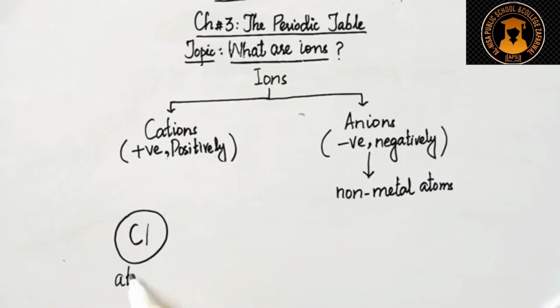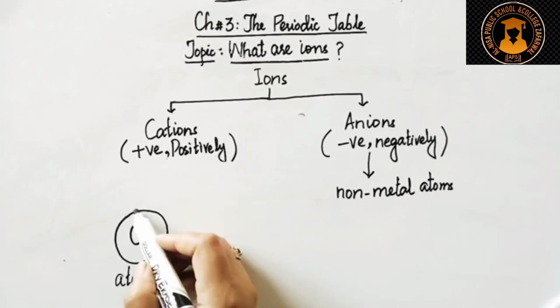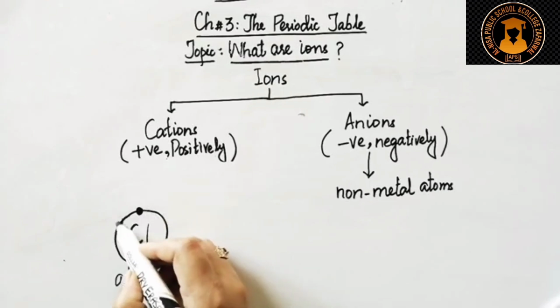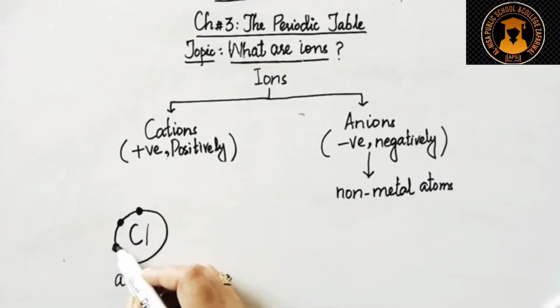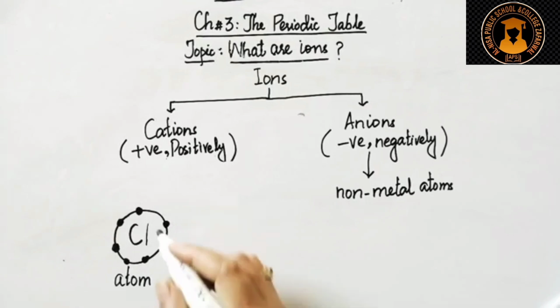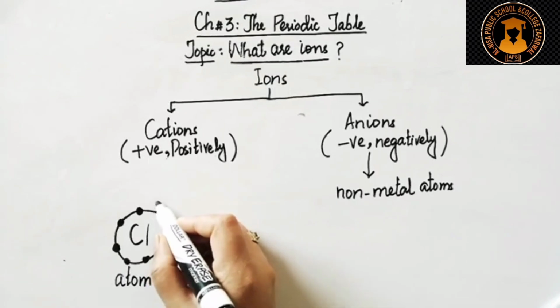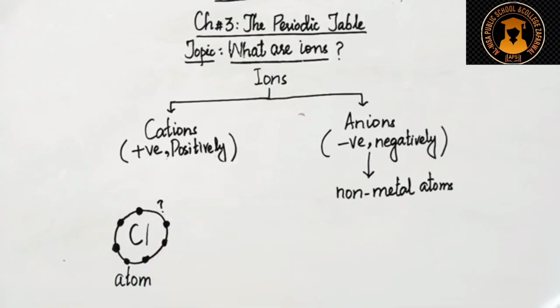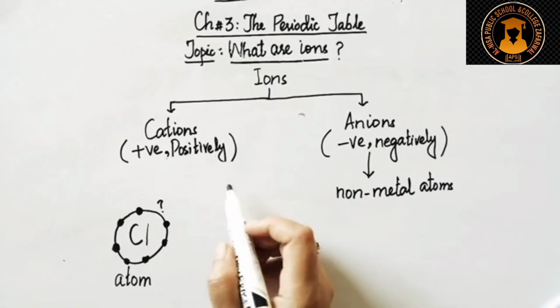So in this form, the chlorine atom has 7 electrons in its outermost shell. So 1, 2, 3, 4, 5, 6 and 7. So it requires one more electron, and that electron is donated by the sodium atom.